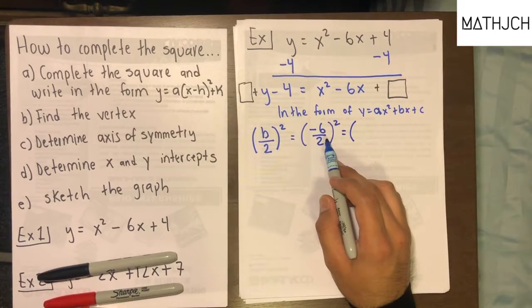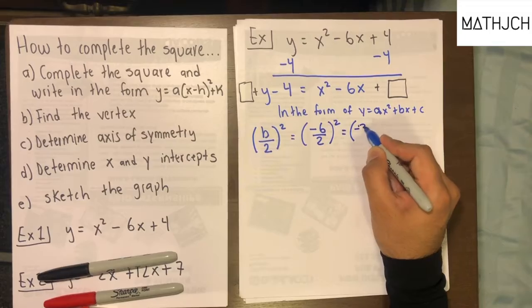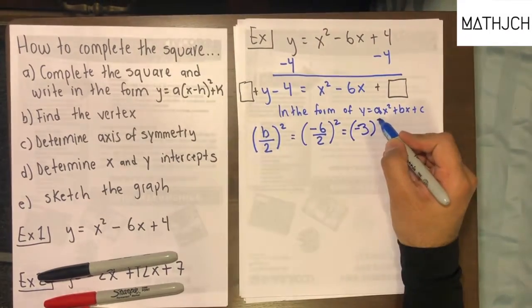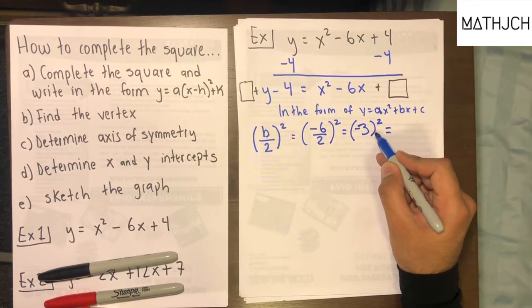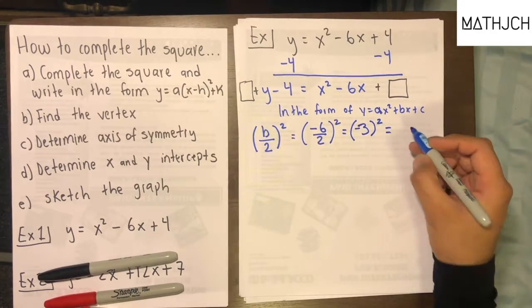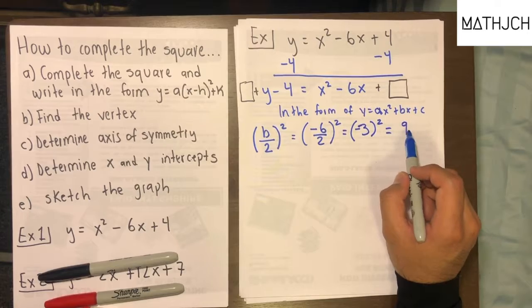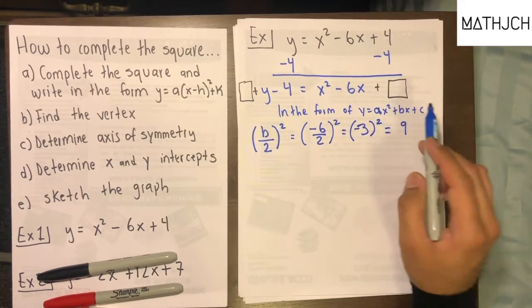Negative 6 divided by 2 gives us negative 3. Then we square the number: negative 3 to the power 2 means negative 3 multiplied by negative 3, which gives us positive 9. That means we're going to add a 9 to both sides.